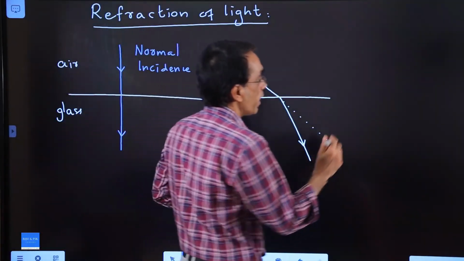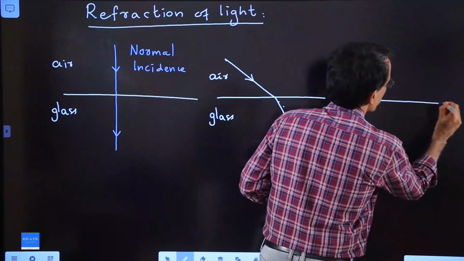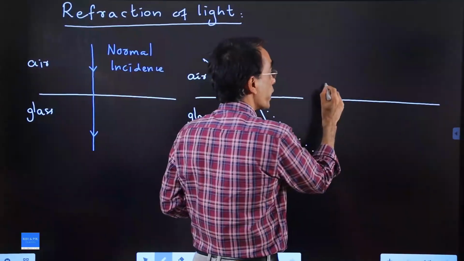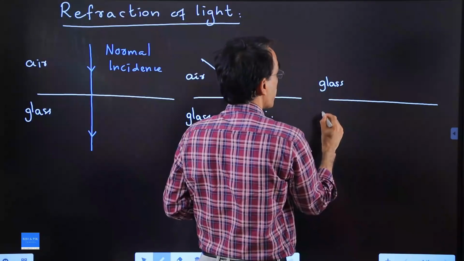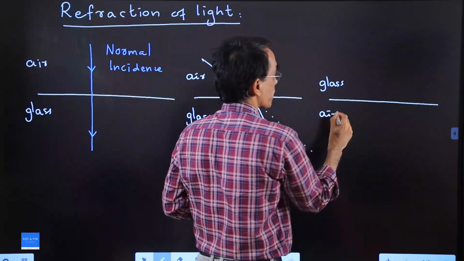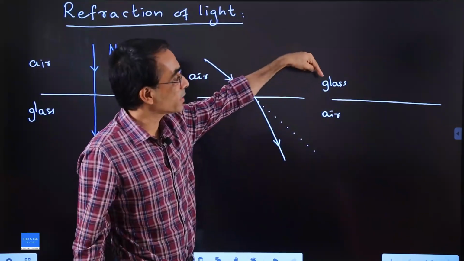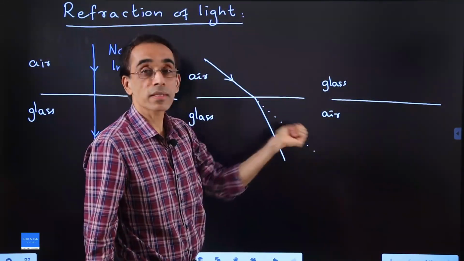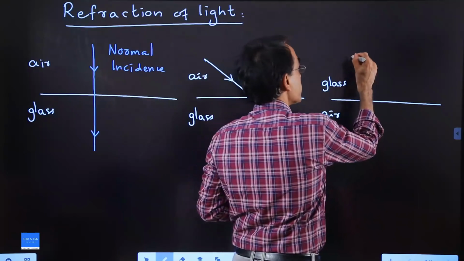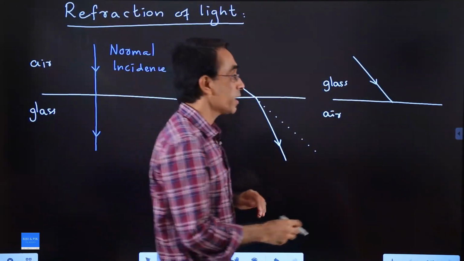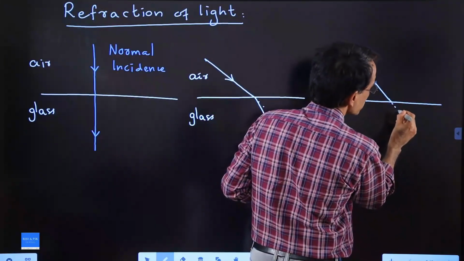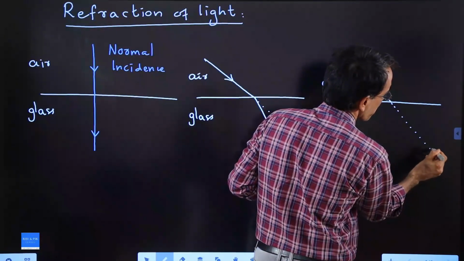Okay. As a third example, take an interface where this is glass and this is air. Light is slower in glass but faster in air. Say there is a light ray coming like this obliquely. The actual path is this dotted line.